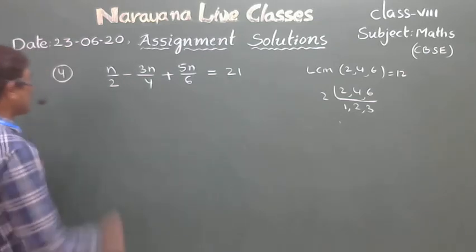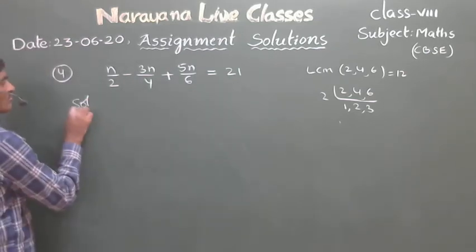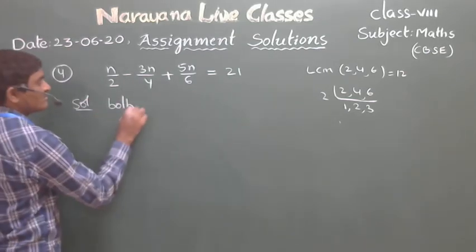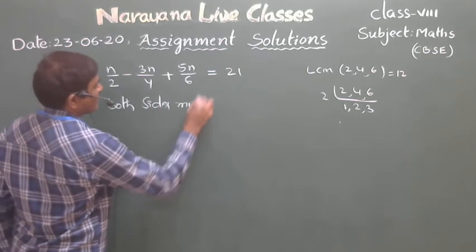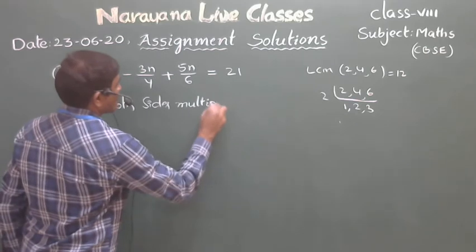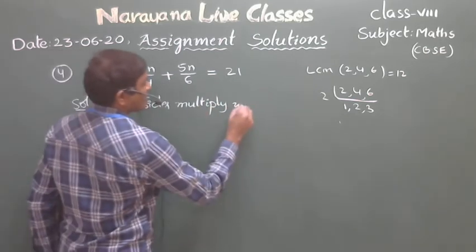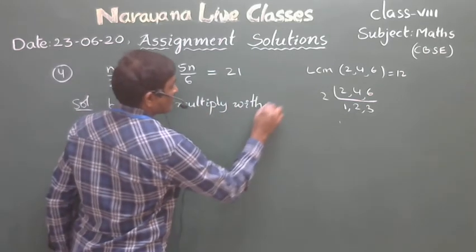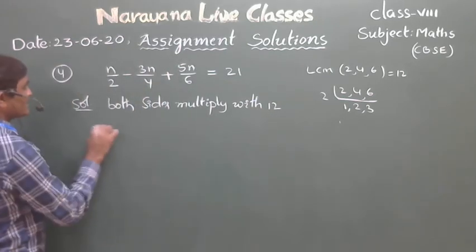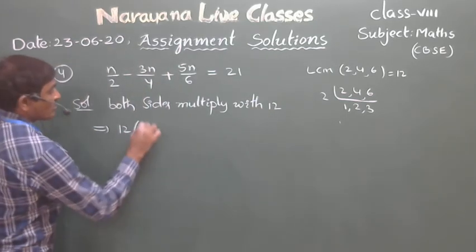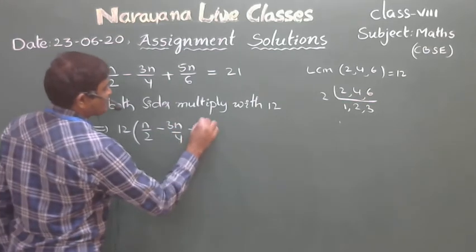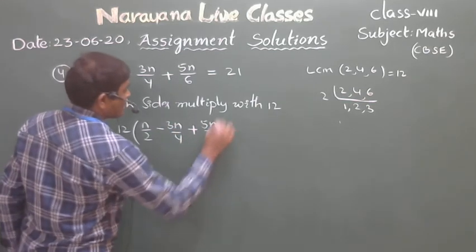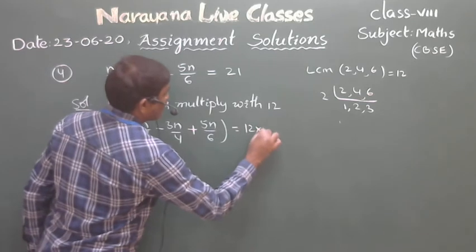So multiply both sides with 12. Then what will you get? 12 into (n by 2 minus 3n by 4 plus 5n by 6) is equal to 12 into 21.